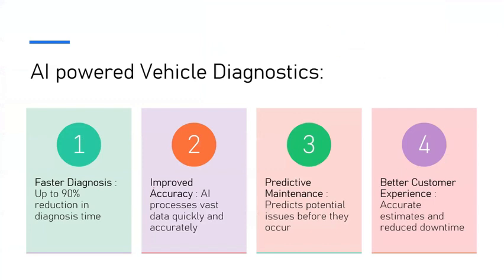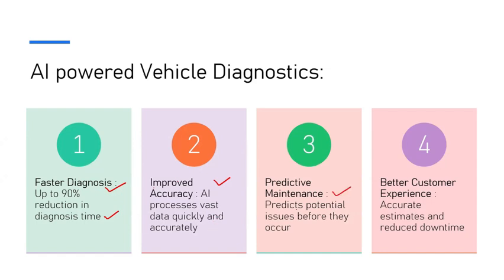AI-powered vehicle diagnosis. Using AI, what are the things that can be done in vehicle diagnosis? First is faster diagnosis, up to 90% reduction in diagnosis time. Improved accuracy: AI processes vast data quickly and accurately.